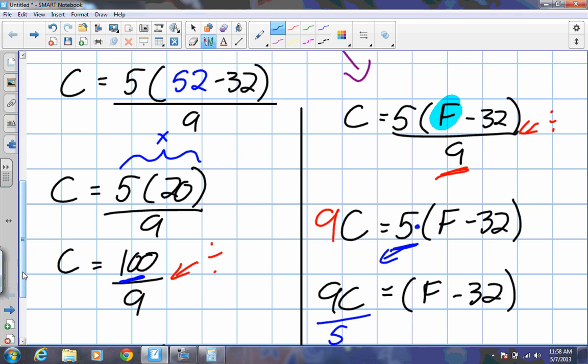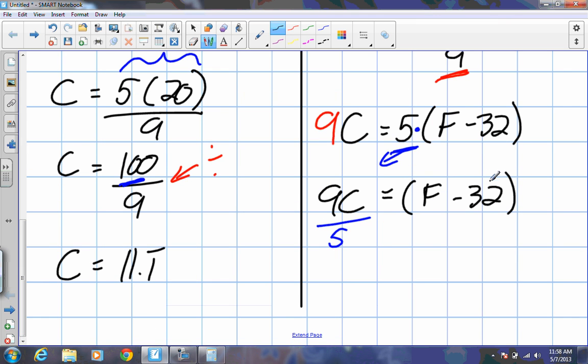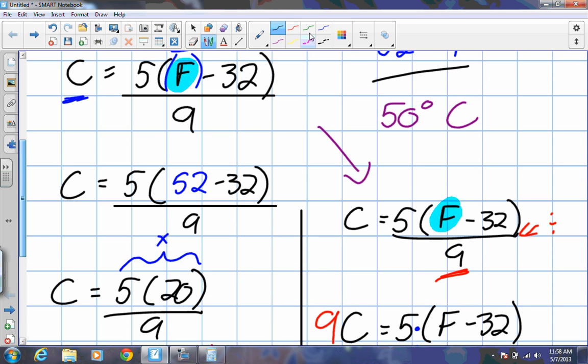Well, these brackets, there's nothing outside of them. There's no exponents, so we can kind of drop them off now. They're not simplifying the equation. It's literally the only thing left. So we're going to get rid of those brackets. We'll then have 9C divided by 5 is equal to F minus 32. Exactly. That was the very first thing we had done in the other process was to subtract by 32.